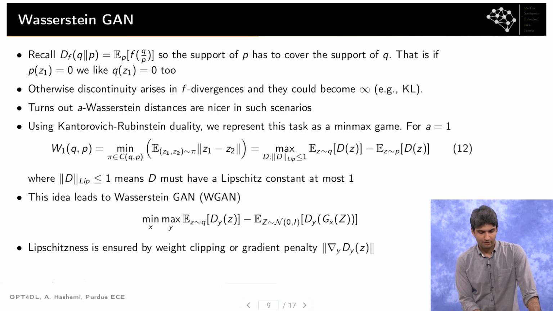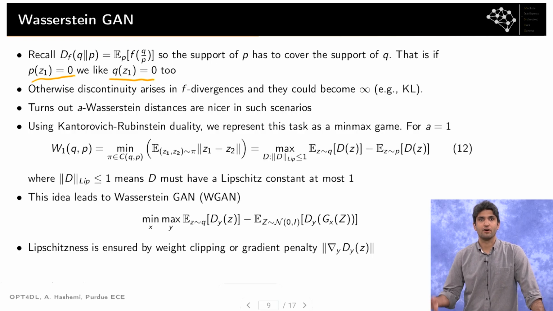So that is to say that if P is 0 at some areas of the universe, if you will, Q is also 0. Okay. Otherwise, this ratio is not defined, and it's gonna lead to discontinuity in F divergences.